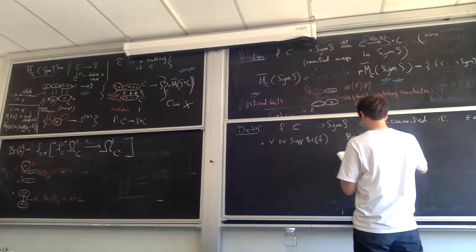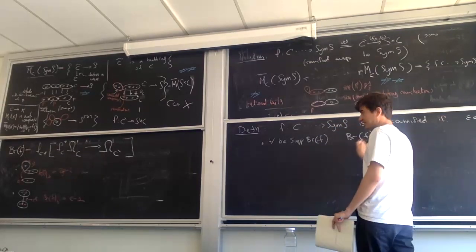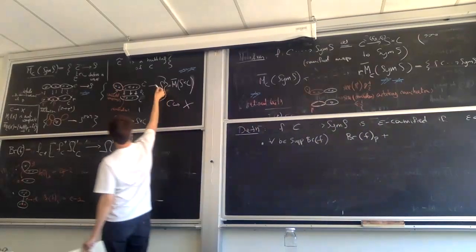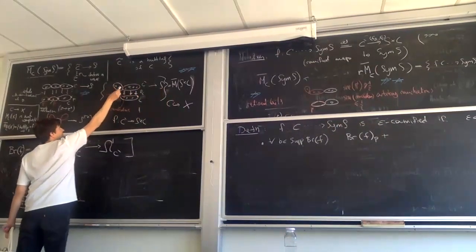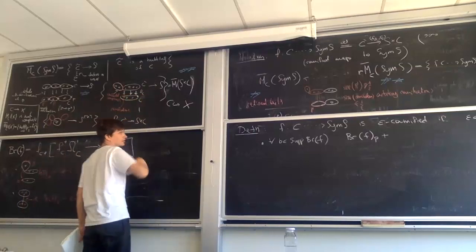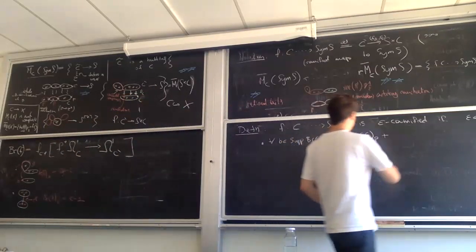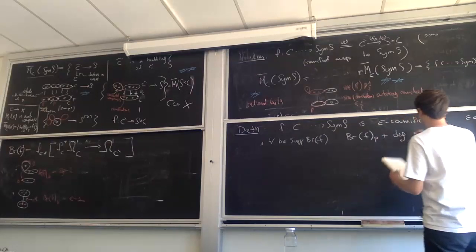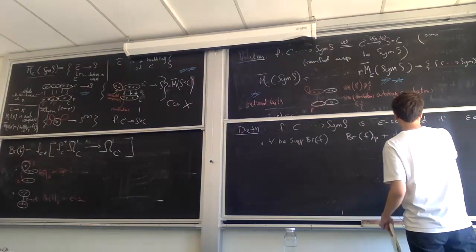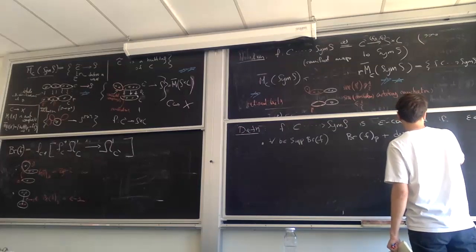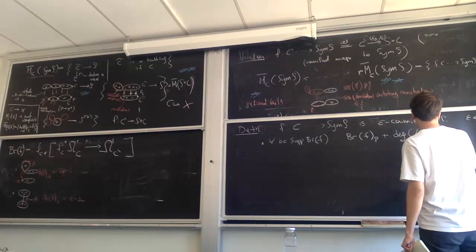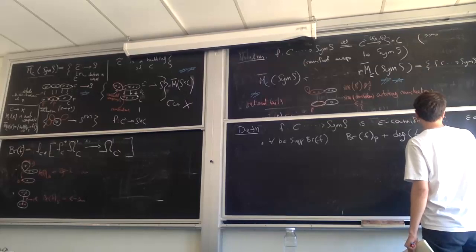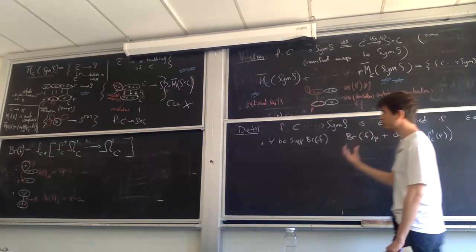The degree of the branching divisor, plus the degree of the contracted component with respect to some ample line bundle, if there is one.